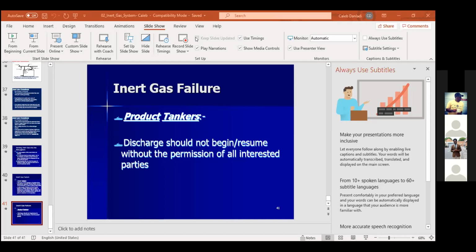Yes, she has provision for inert gas because of the nature of operation, but other vessels are not required. SOLAS requirement for inert gas is for tankers that are up to 20,000. Any tanker less than that, even if carrying PMS and others with low flash point, you are not mandated to be fitted with inert gas.